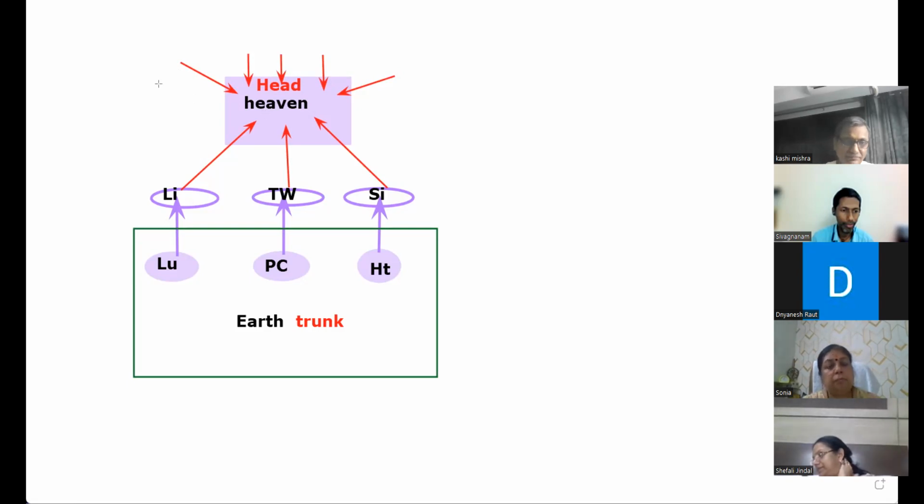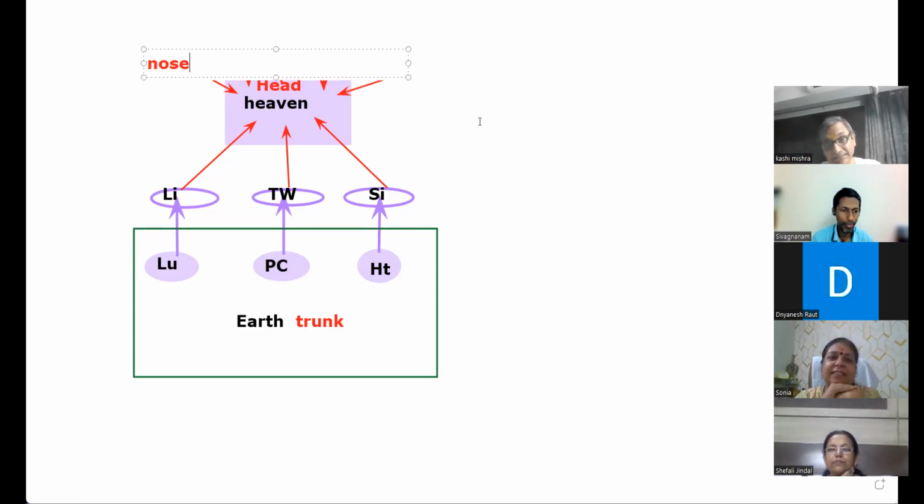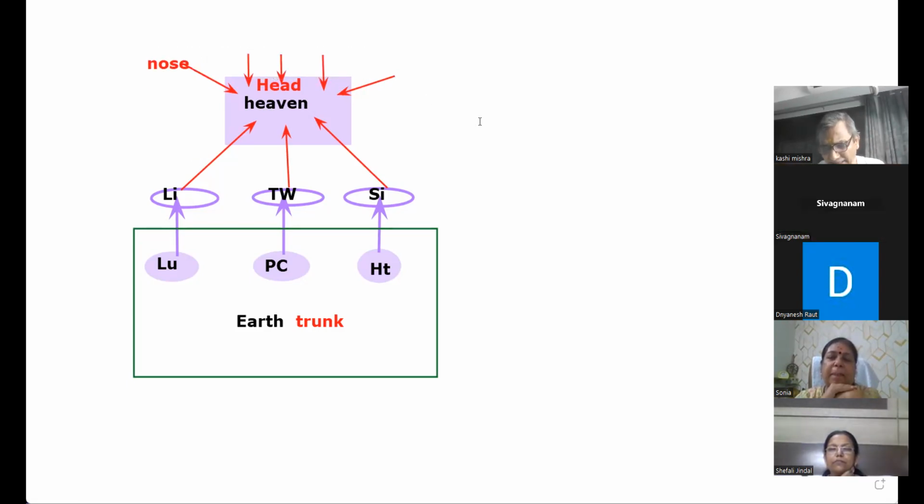You said it. What I know is that the heavenly energy enters through the nails. The position is like this, according to TCM. Sense organs, with the help of organs. These are the only inlets.